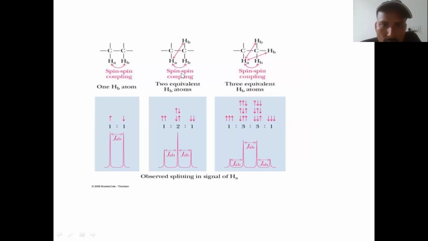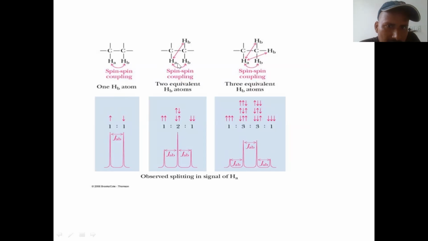Okay, so suppose that this is the spin splitting. For this proton, since this is Ha and this is Hb, what happened here? A doublet will appear for this proton, either for this proton or for this proton.